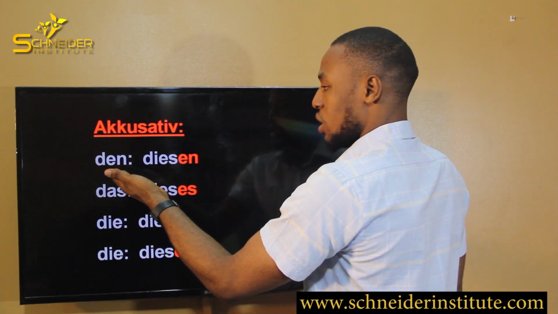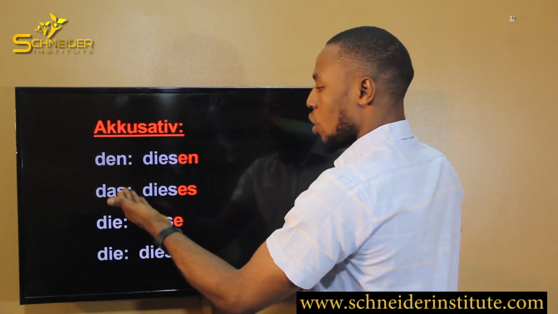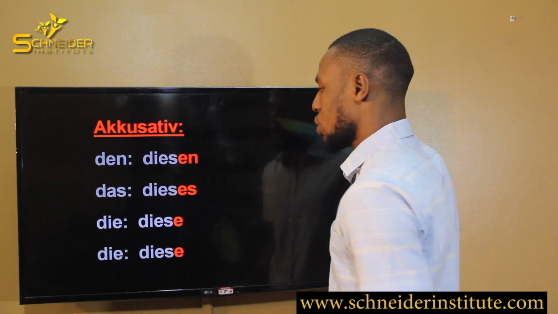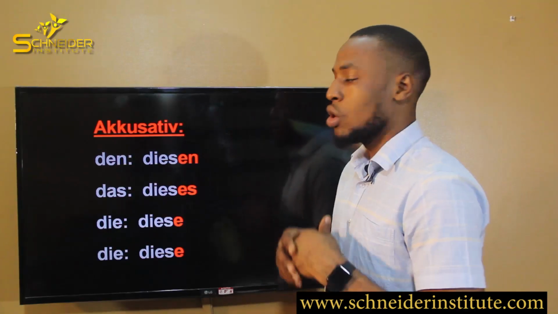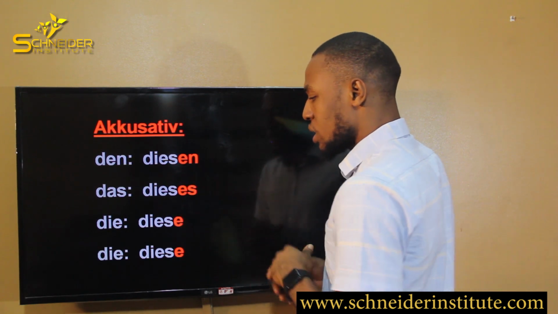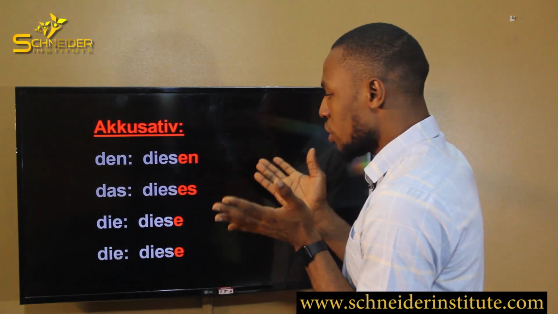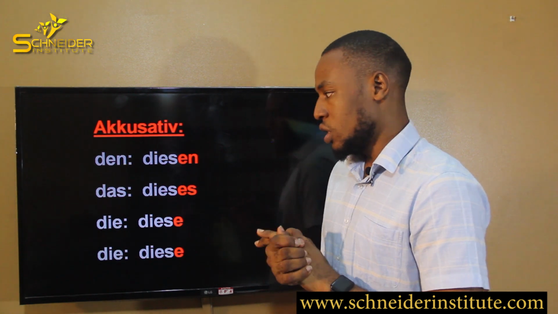Previously we had der, and here we have den, while the other articles remain the same. So the neuter remains, the feminine, and the plural as well. All right, so for the demonstrative pronouns, all we have here is diesen, dieses, diese, and diese. So the only thing that changed here is the masculine, diesen.